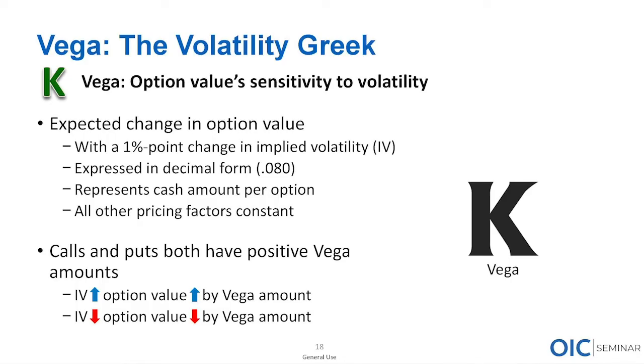Vega, the volatility Greek, is option value sensitivity to volatility, okay? So when you're looking at Vega in your portfolio, that lets you know right away how sensitive your specific option or your portfolio of options is to volatility changing. Now, a lot of people will look at the overall market volatility and how that is changing.